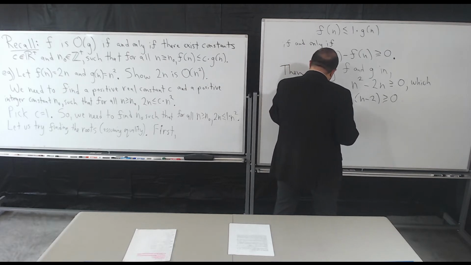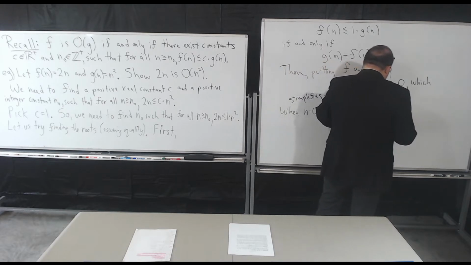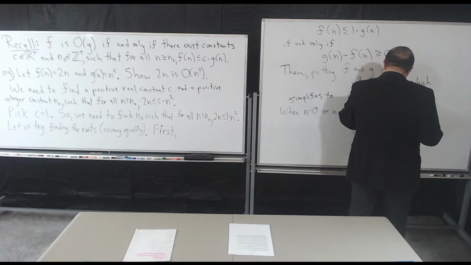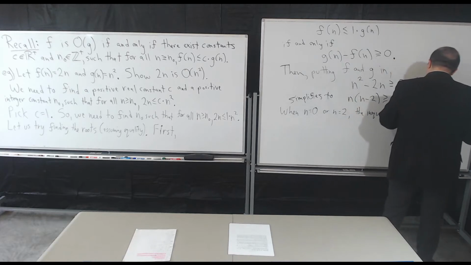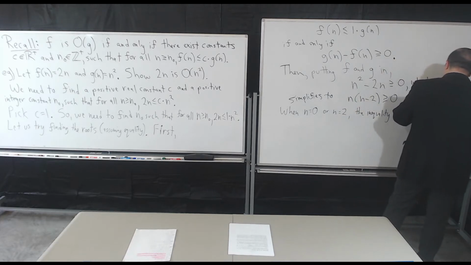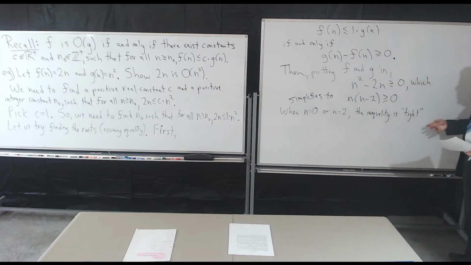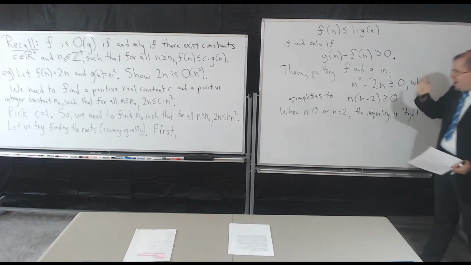When n is equal to 0 or n is equal to 2, the inequality is "tight." I'll use that in quotation marks, because I haven't really defined what tight means. So, what do you do usually when you deal with things like this? Remember, I want the furthest along n0.